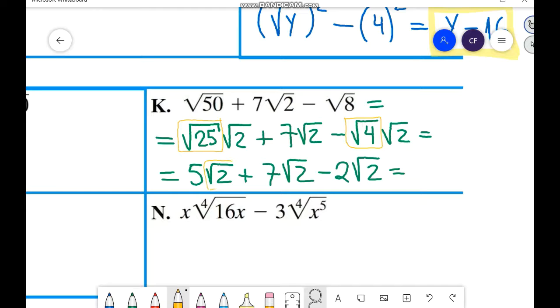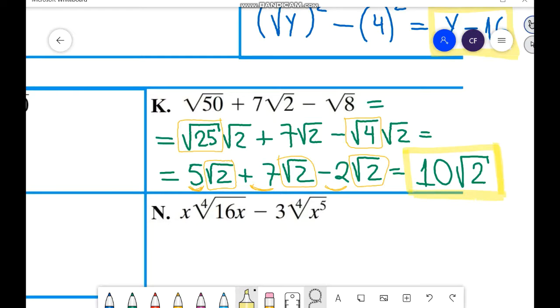Now we have the like radical square root of 2 in all terms. We need to combine 5 plus 7, 12, minus 2, 10. 10 square root of 2, right? Nice. Great. Moving on.